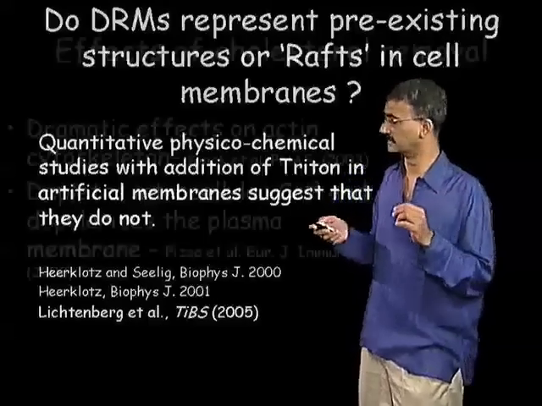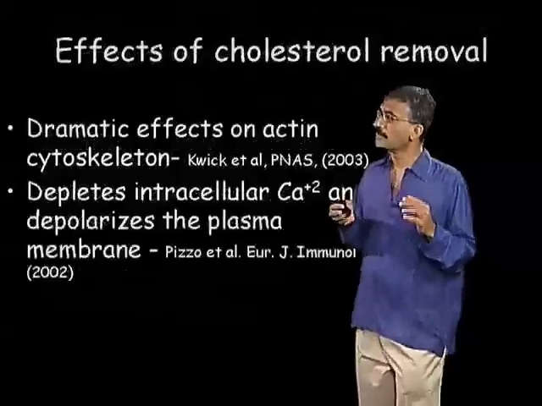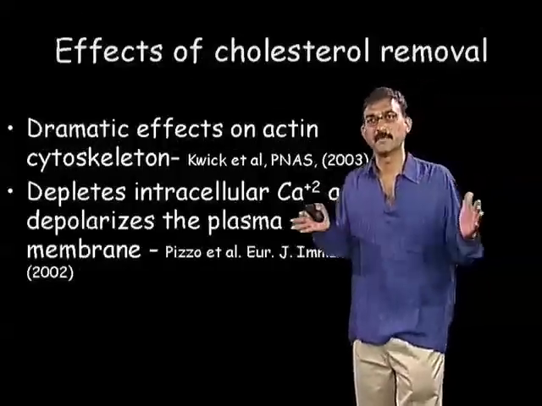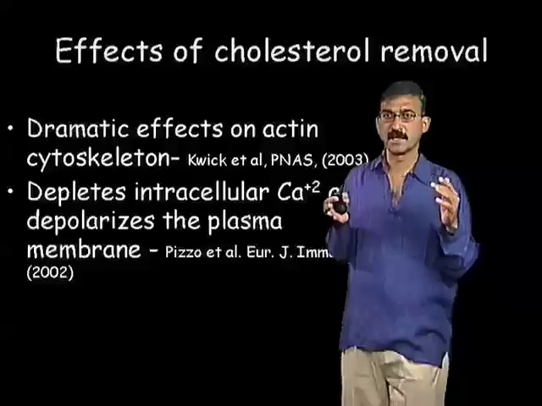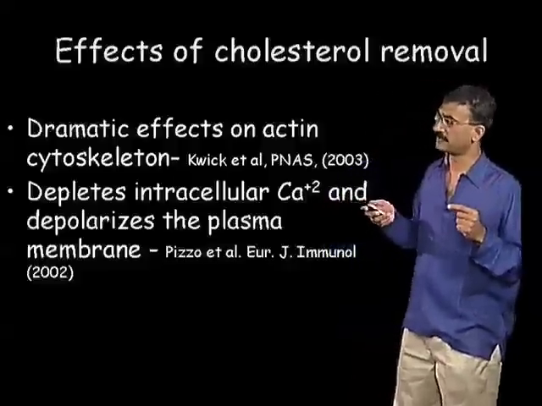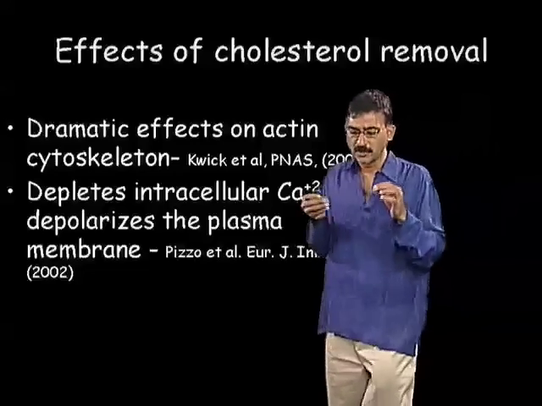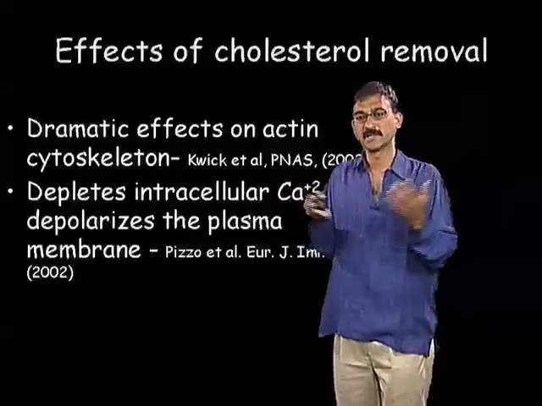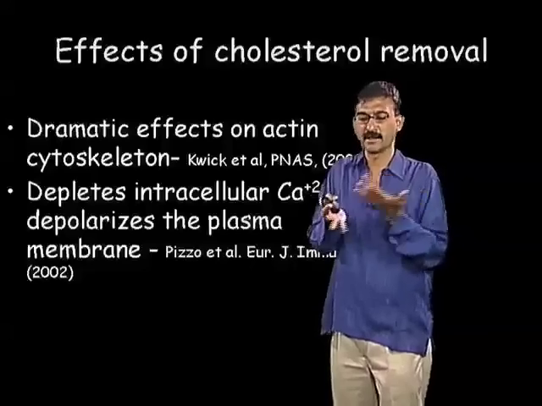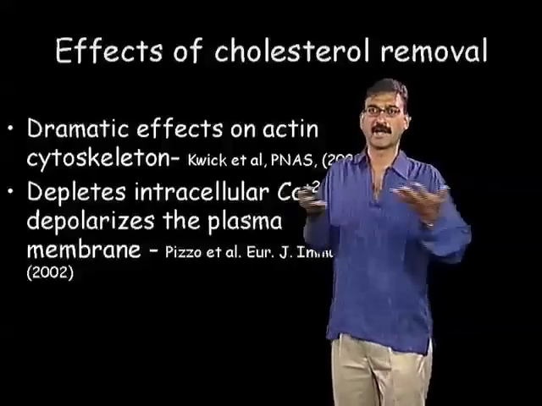artificial membrane studies. Another, I'd say, setback to the idea of membrane rafts in cell membranes was from experiments again by Michael Edidin, where he noticed that when you removed cholesterol from cell membranes, the cell membranes seem to suffer a disconnection from the underlying cytoskeleton.